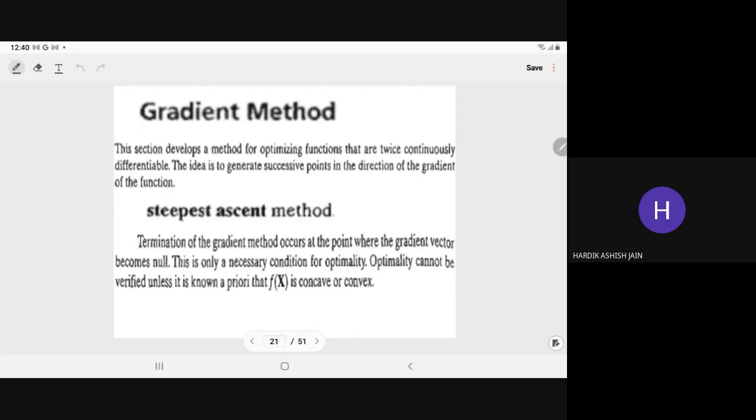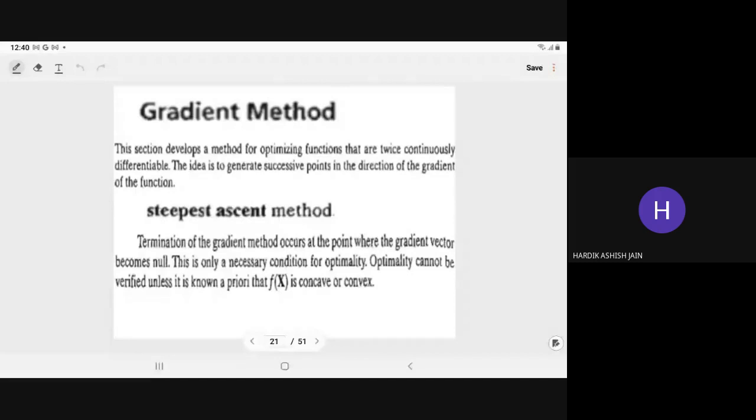Now, presently we have covered the direct search methods. In that we have studied two methods, dichotomous and golden section method. Next is the gradient method. This section develops methods of optimizing functions that are twice continuously differentiable.